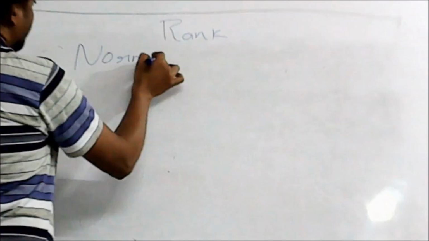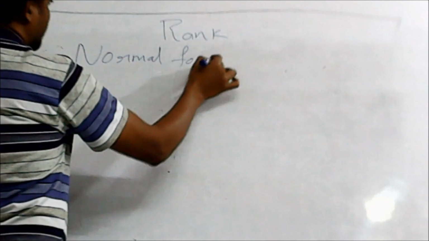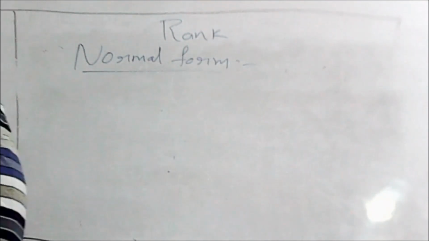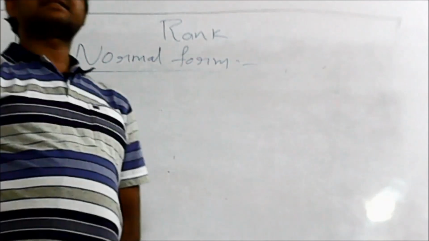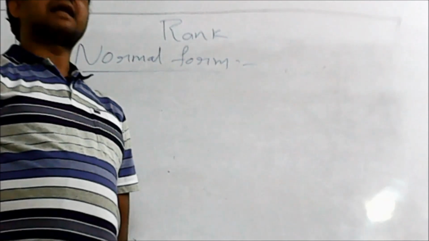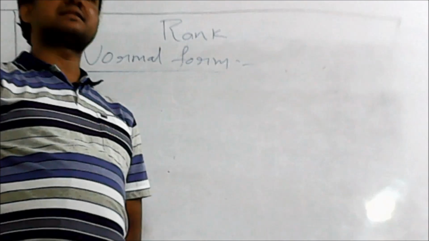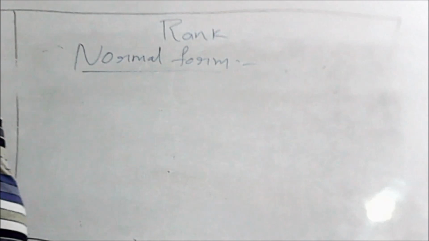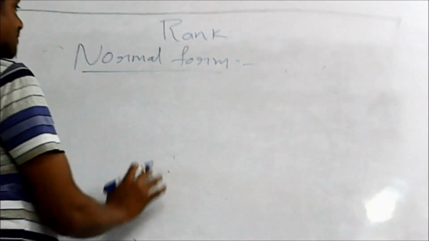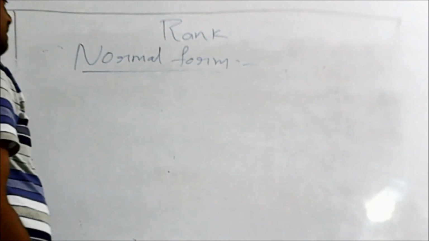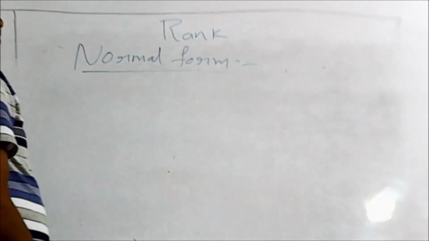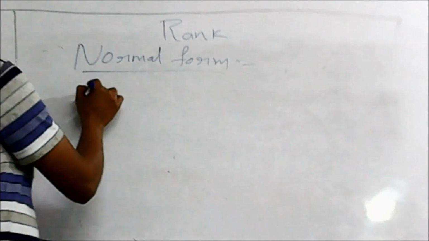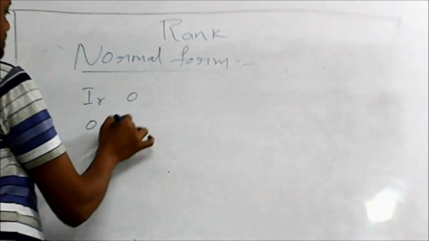normal form. So this is another approach to find the rank of the matrix. Every non-zero matrix A of rank R can be reduced by a sequence of elementary transformations to the form IR 0 0 0. In row echelon form we apply only row transformations, but here you can apply both row and column operations to make the matrix in the form of IR 0 0 0.